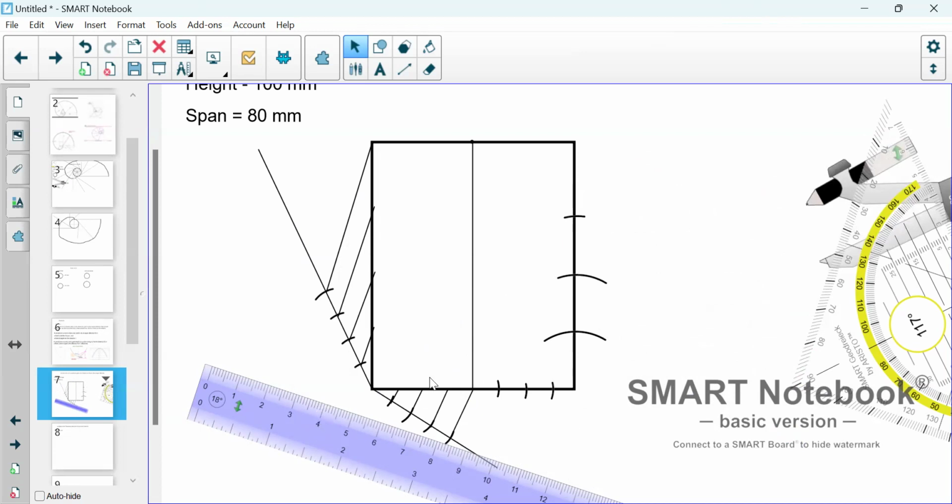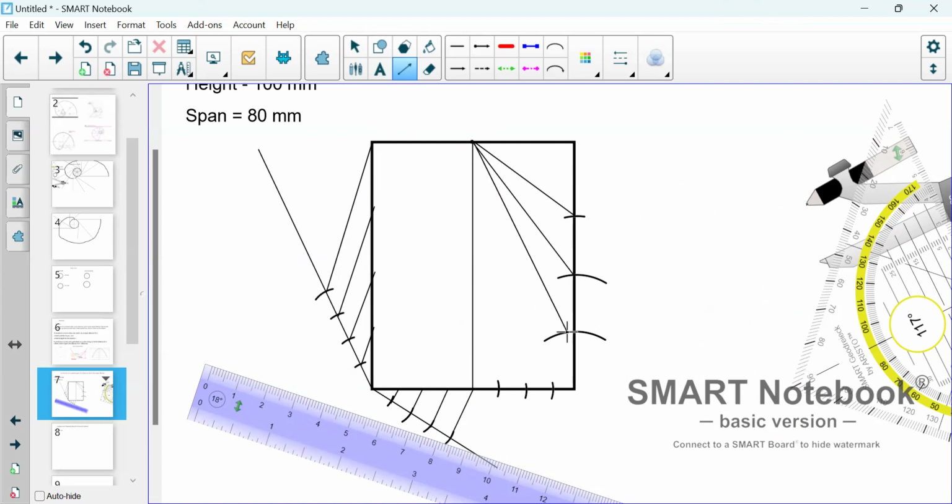Actually, it's 4, right? But we just have to mark three arcs. Right, so what we need to do next is from this point on top here, we draw lines to each of those divisions at the side.